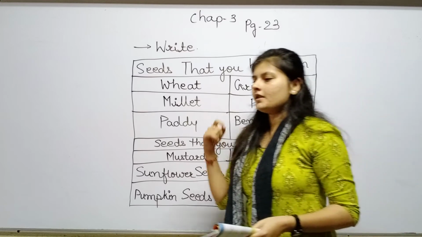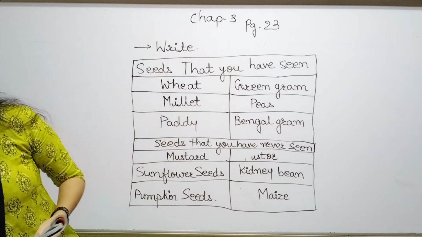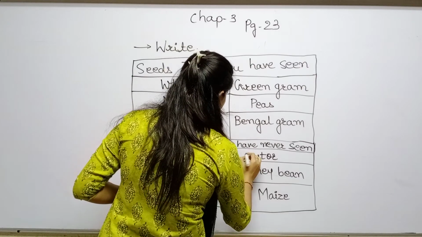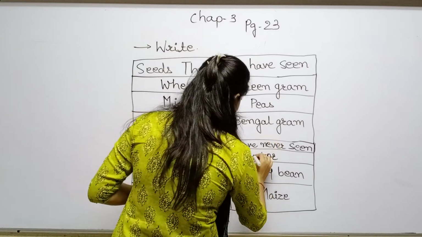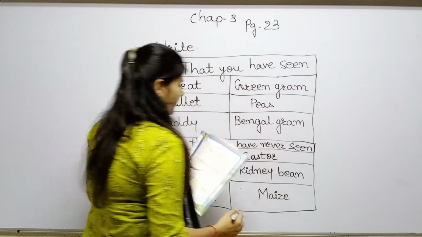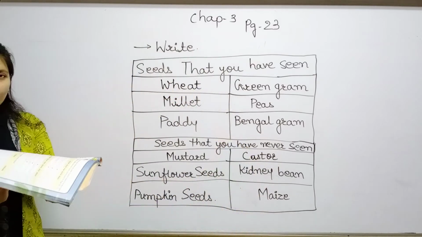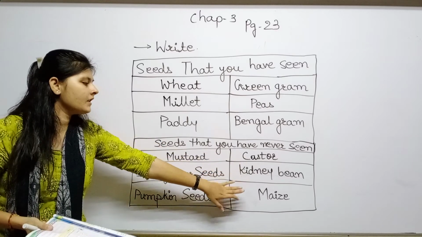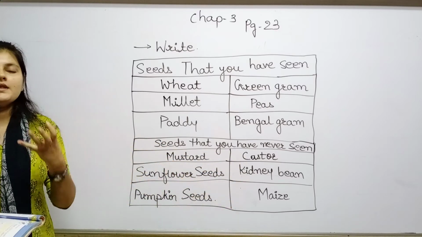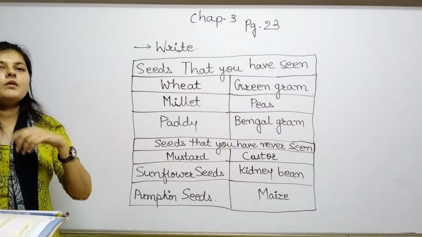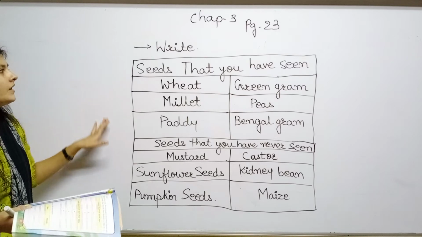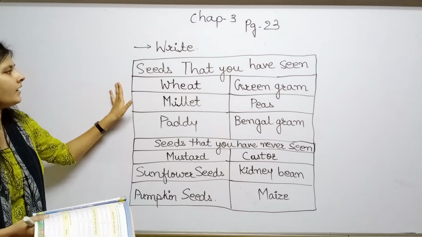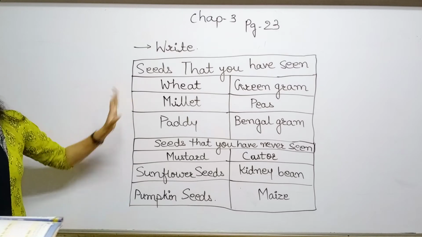When your mom is applying castor oil, you have heard that castor oil is very good, very good for hair growth, right. So this is about the castor seeds, the kidney bean seeds, the maize. These are all seeds that you have heard about but have never seen, right. So these are the lists of what you have not seen and what you have seen, right.